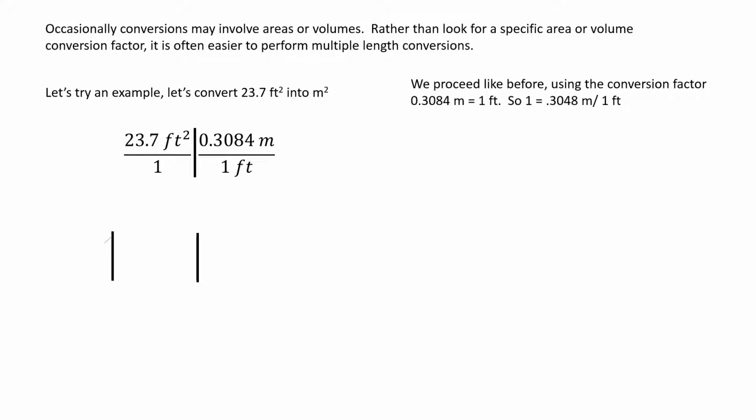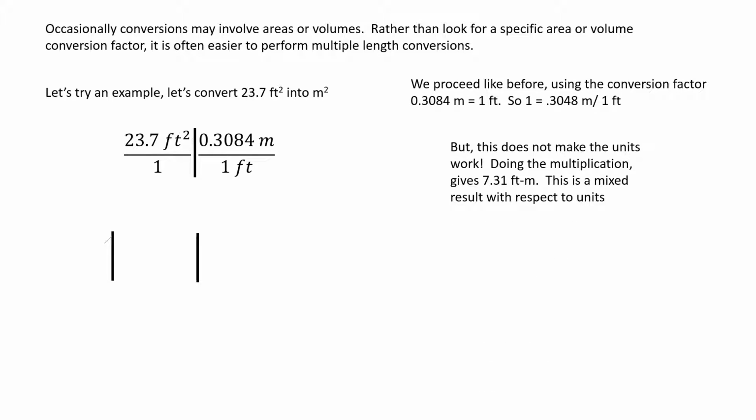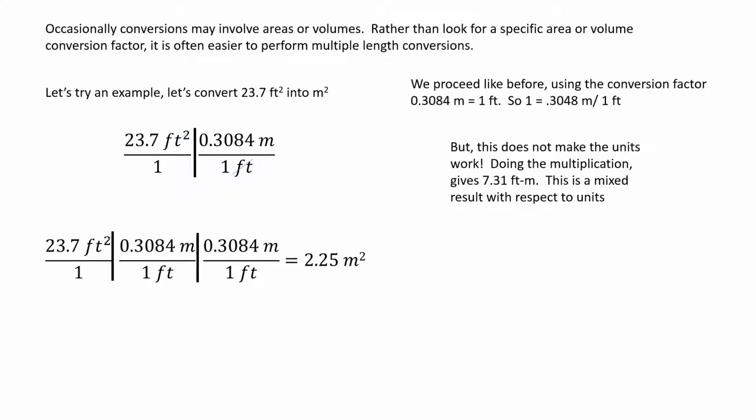I proceed like before. I use a conversion factor, but this doesn't make the units work. If I do this multiplication, I would get 7.31 feet meters. This is a mixed result with respect to the units, so it can't be right. Rather, I need to do the conversion factor twice because feet squared appeared twice.